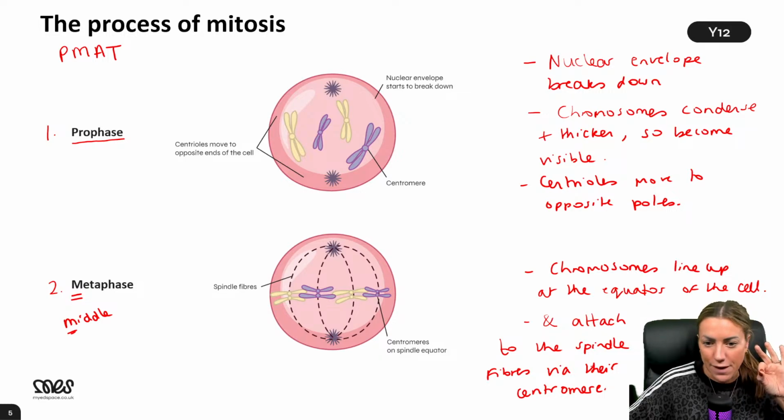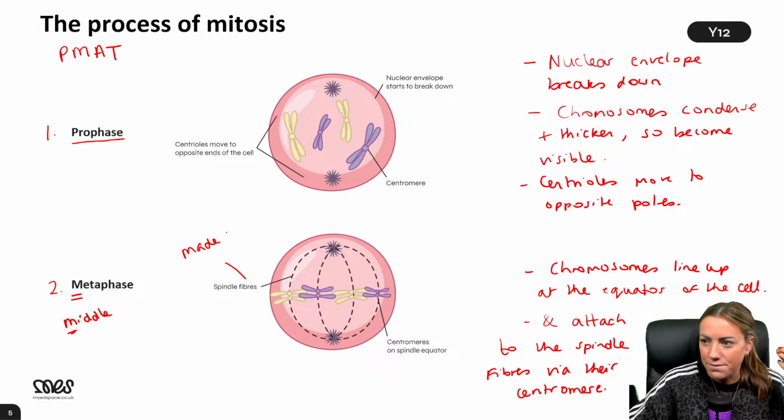Oh, so the spindle fibers, yeah, kind of like ropes. The spindle fibers are actually made of protein, and they're produced using the centrioles. So these are the centrioles here.